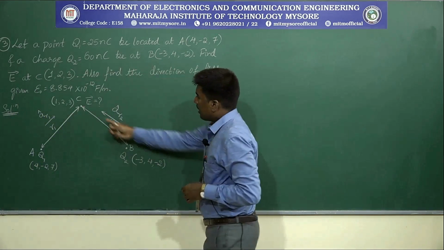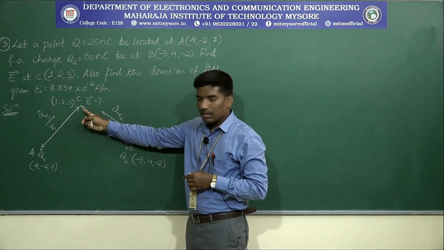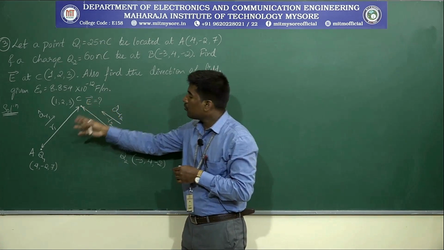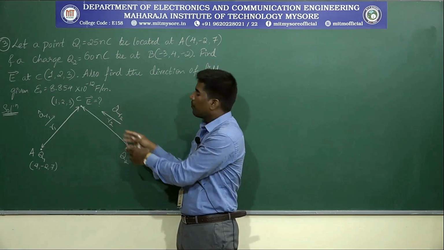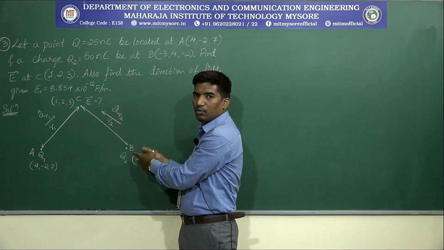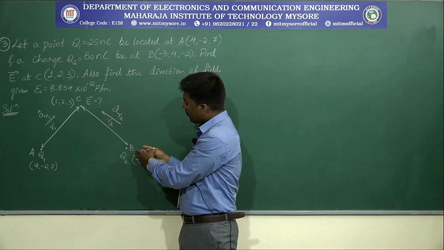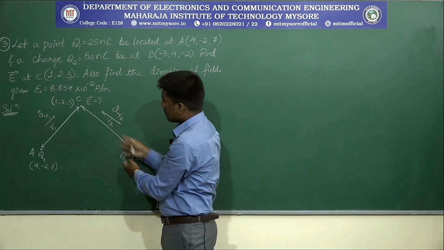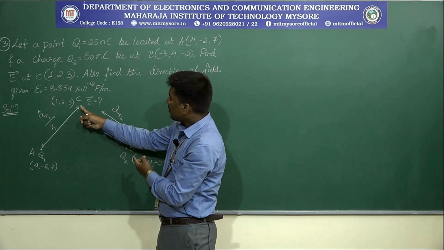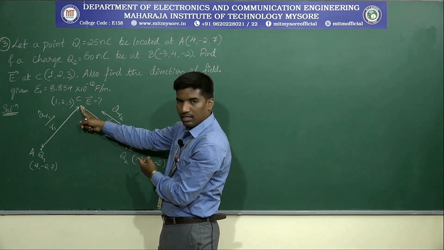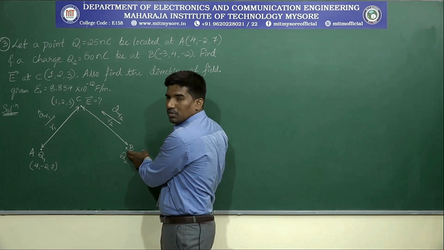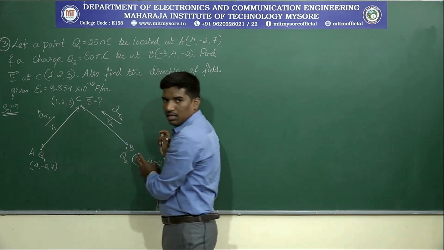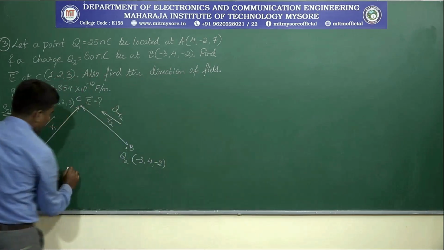In order to find the electric field intensity at a point due to many point charges, we need to apply the superposition theorem. Here how many point charges do you have? 2 point charges. So from 2 point charges, the contribution at this point C is the superposition of the individual responses from each point charge. That is what we need to write.